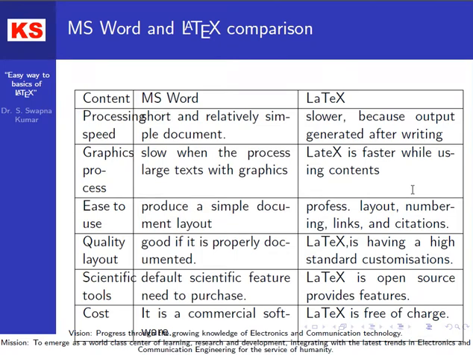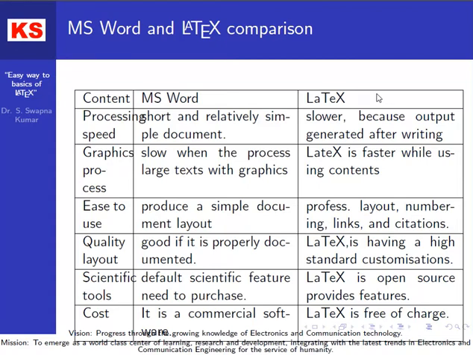Let's see how you distinguish between Microsoft Word and LaTeX. To understand the difference, you can look at various criteria. The first is processing speed. In the case of Microsoft Word, the processing speed is fast and it is relatively a simple document.